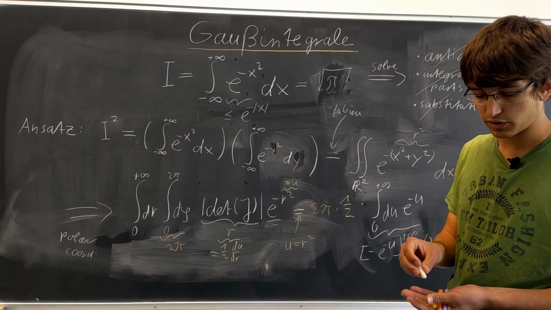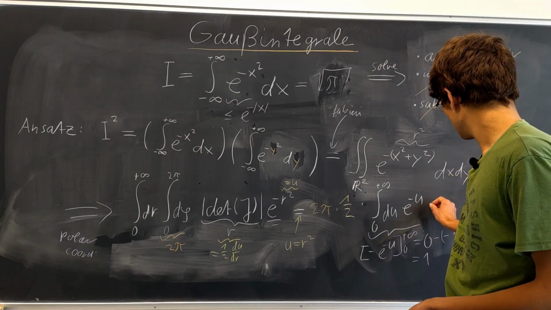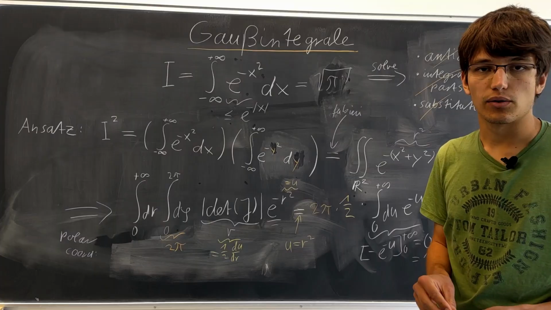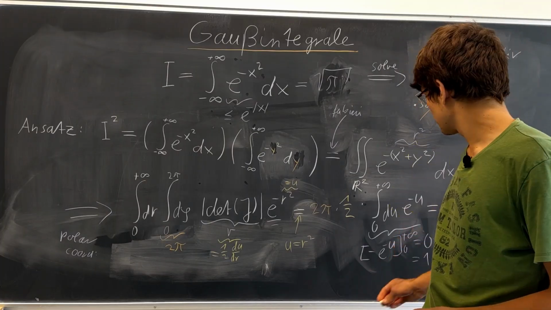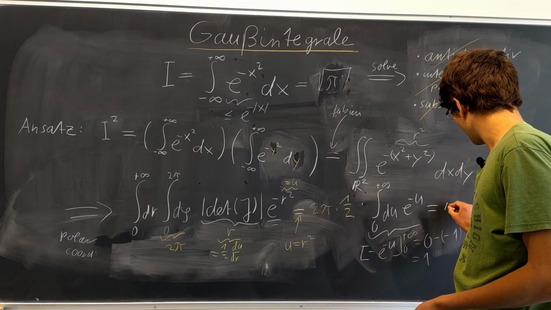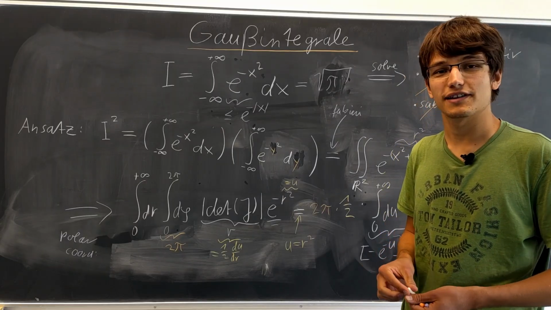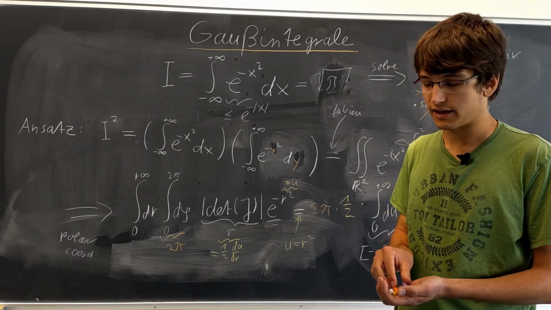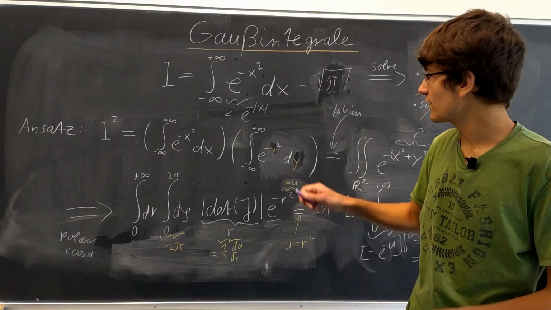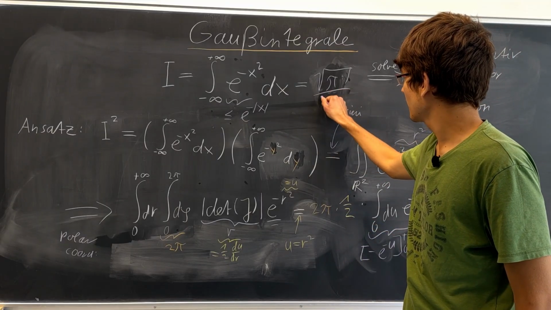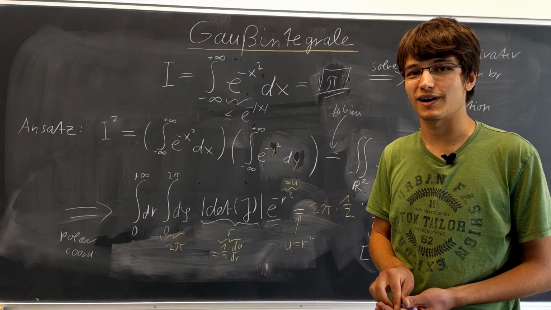So let's put it all together. Our final result is pi for I squared. So we just have to take the square root, and in the end we have our result. I equals square root pi.